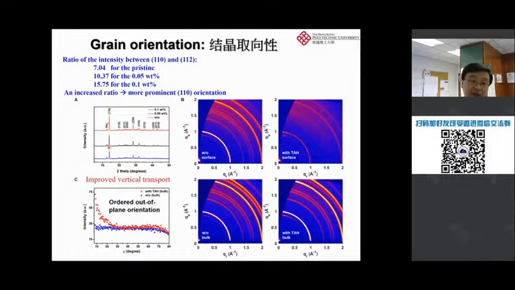This one is better, and this is 15.7, and this one is 10.3, and this one is only 7. This ratio tells us that you have better orientation here. And also from the grazing incidence XRD, this part is getting stronger, and we can see in the bulk perovskite we get a better ordered out-of-plane orientation. And these two pieces of evidence tell us that we get a better crystal orientation, and that helps to improve the vertical transport.